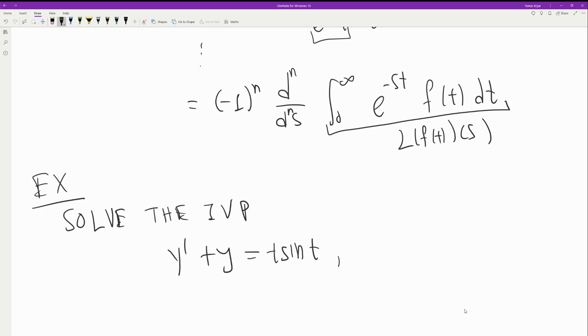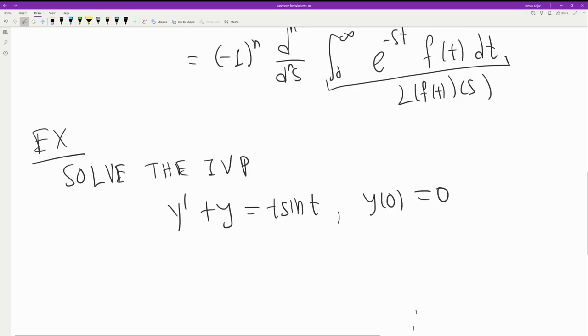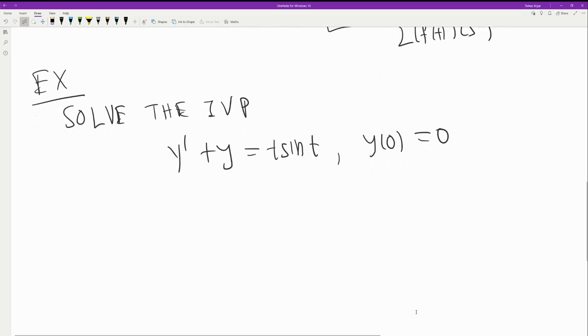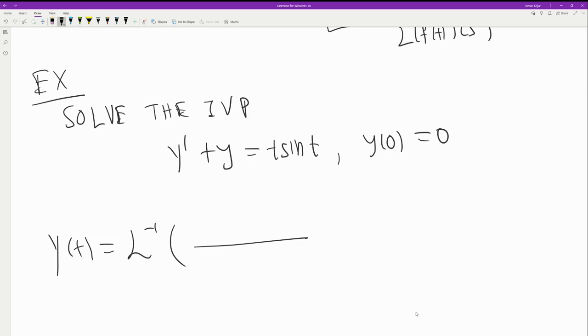This is first order, so we only need the initial data for y, not y prime. And as always, you can use your formula. So, s plus 1, and then L of t sine t.